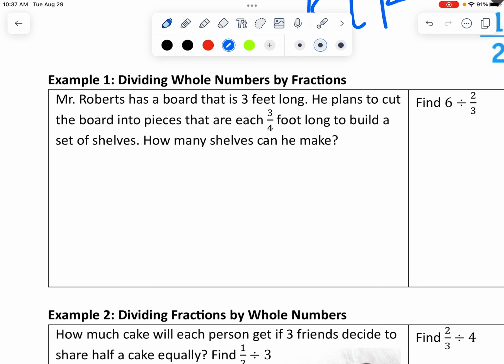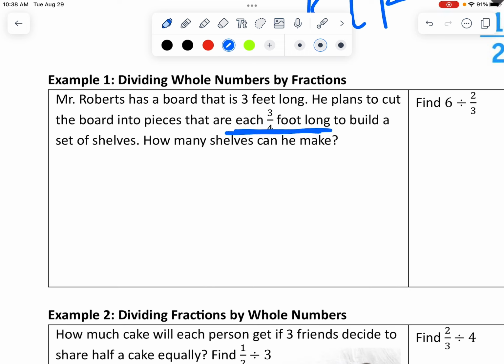So we always start with the number that is not necessarily first in the problem, because sometimes the second number will go first. But the number that Mr. Robert is starting with is 3. So his board is 3 feet long, and then he plans to cut the board into pieces that are each 3/4 foot long.